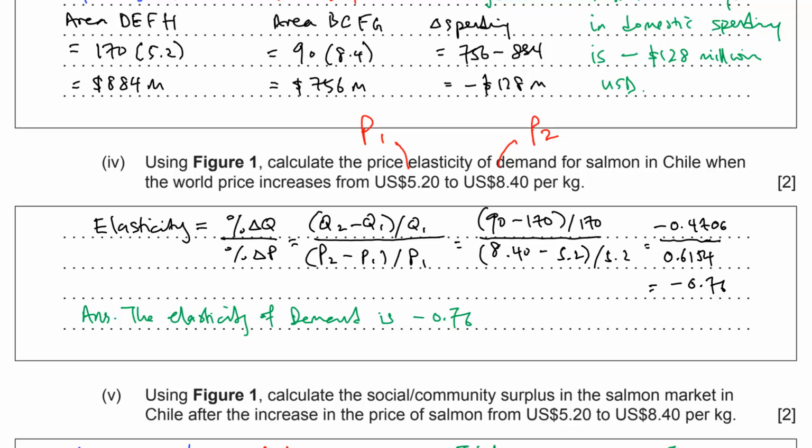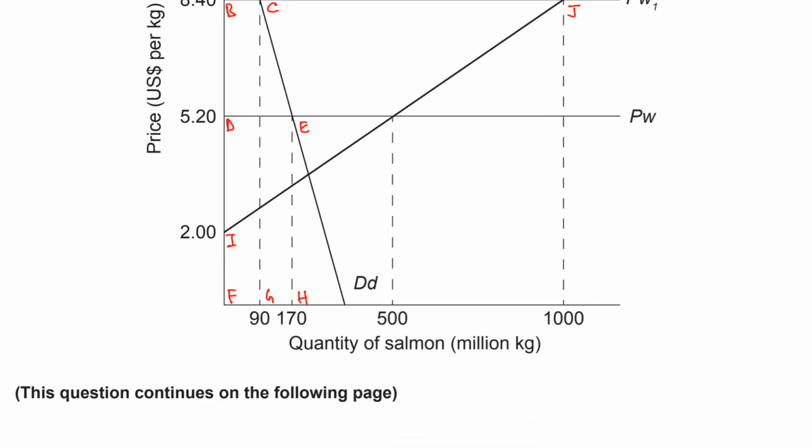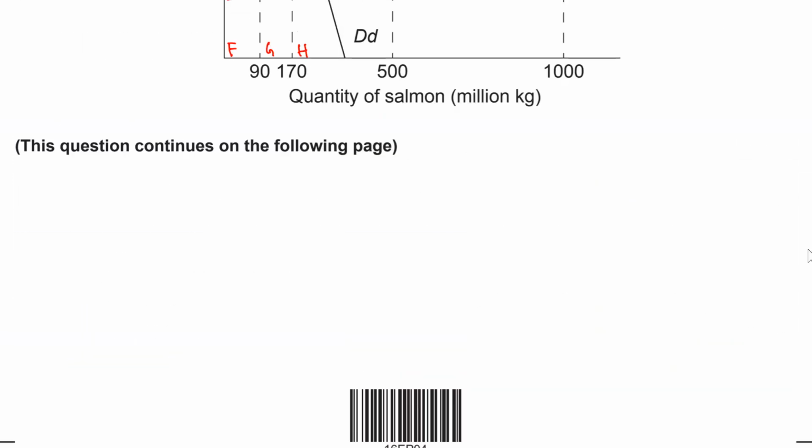At P1, $5.20, if you walk over to the demand curve, Q1 is going to be 170. And at P2, which is $8.40, go back up over here.